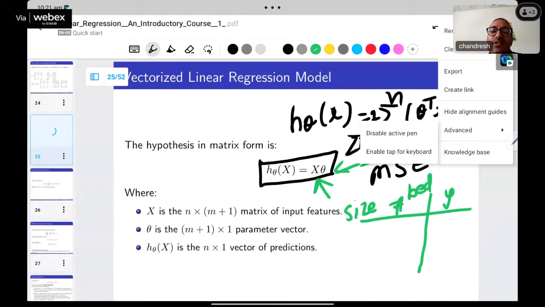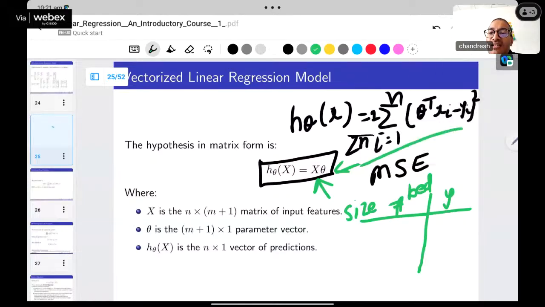This should be familiar to you. And how about your familiarity with matrices and vectors? I hope you know what a vector is and what a matrix is. Is that fine? Okay, I believe everyone knows what a vector and a matrix are. Great.